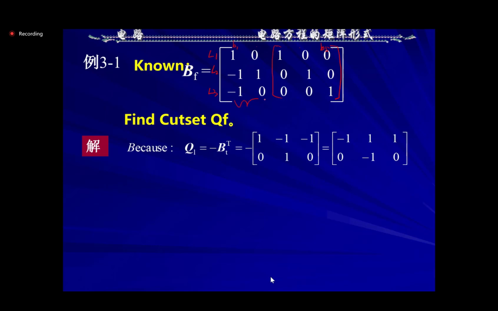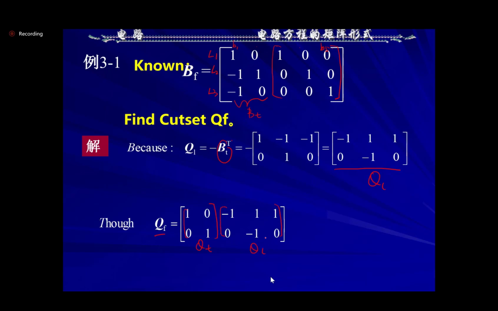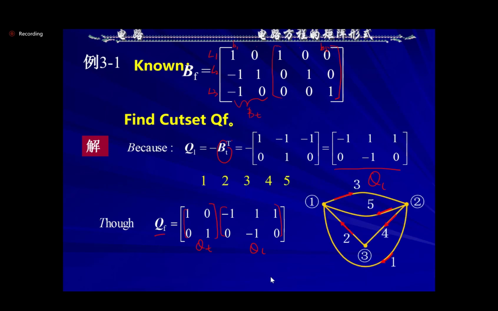This is the tree part of B, and its transpose with a minus sign will be Ql. This means the cotree part of the cutset matrix. For Qf, it is the unit matrix Qt, and Ql comes from B transpose. And we can draw the digraph.